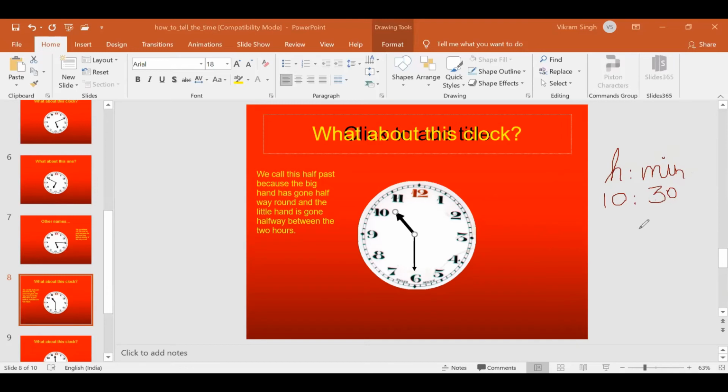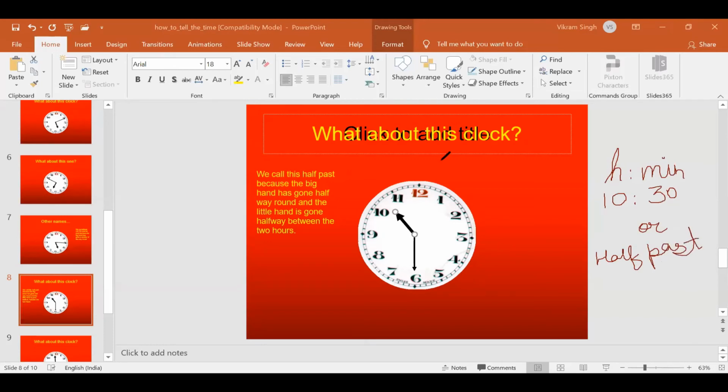Now next way. I told you that when the minute hand reaches on 6, that means it has covered halfway. So what are you supposed to write down? Half past. Now, half past is for minutes.